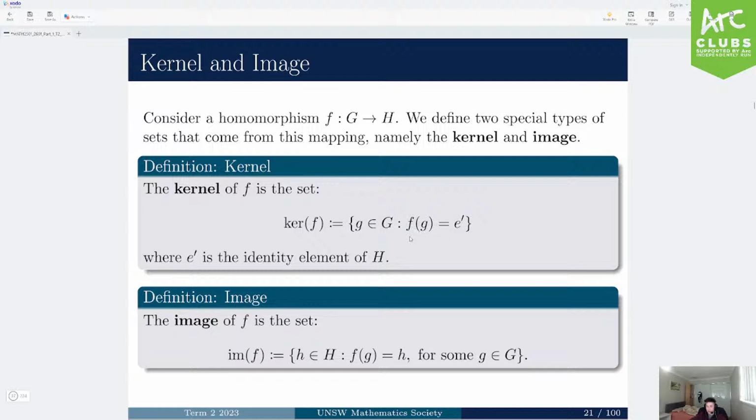In linear maps, you would have known that the kernel is the set of elements that map to 0. In this case, it's the set of elements that map to the identity. The image of F is the set of elements in H such that we have some value g that maps towards that h. That's every element that has a mapping from the domain.